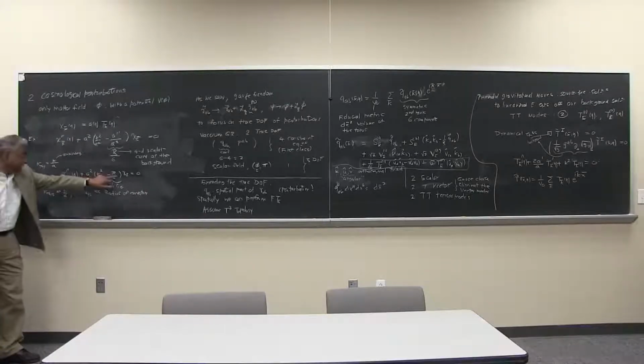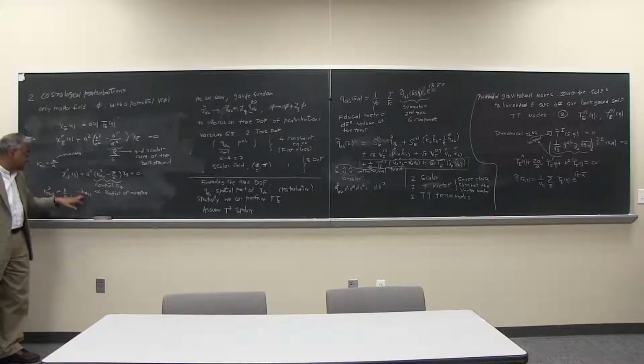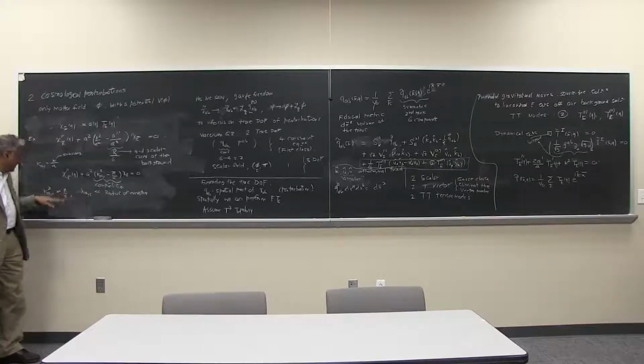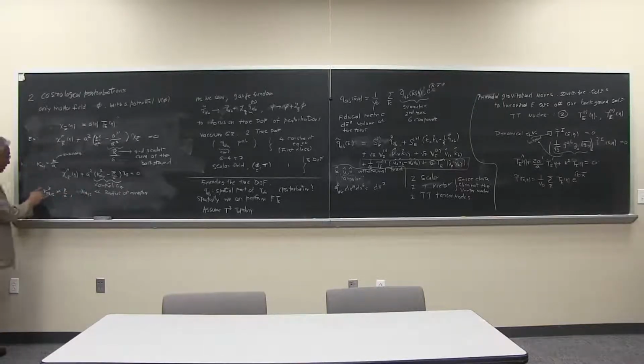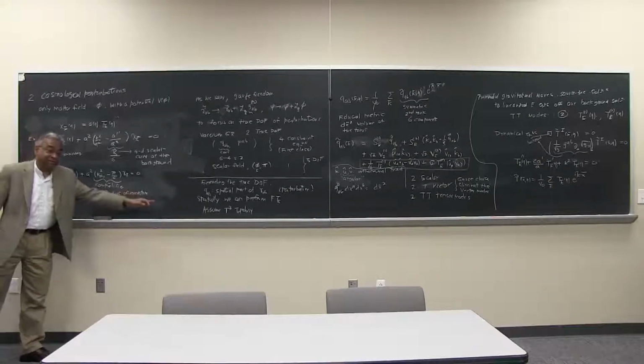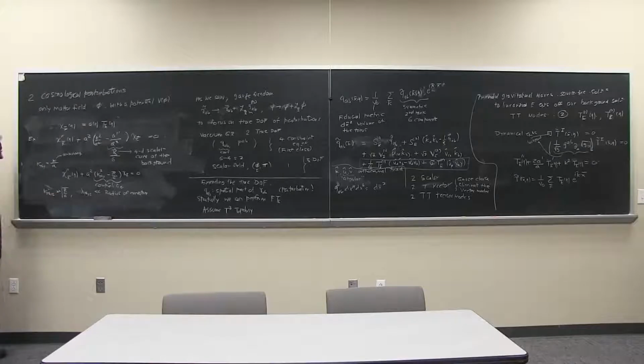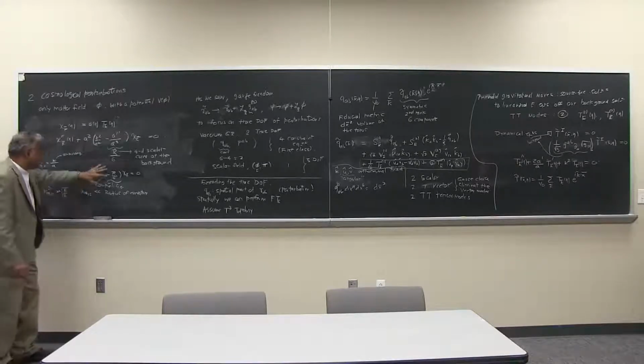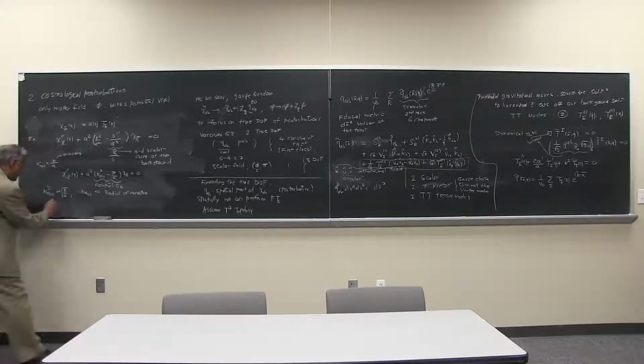K squared is much larger than the curvature. This is like taking the square root, because here I'm talking about k squared. If I talk about k, then I will take the square root up here, and if I invert that, I will just get the radius of curvature. I'm not worrying about the factor of 6 up here. So if the wave number is very large or the wavelength is very small, then this term just drops out.